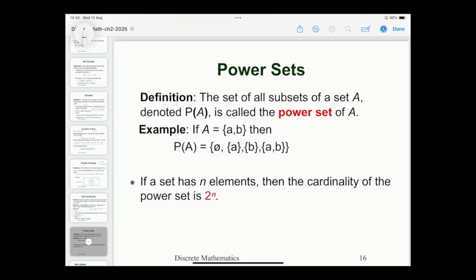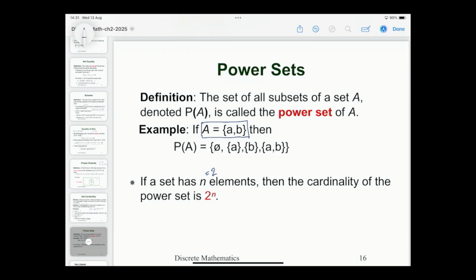What else? We have the power set, the set of all subsets of the set. When we have n elements in the set, let's see, when n is equal to 2, in this example, considering this set A with 2 members, the power set of A would be all of this.